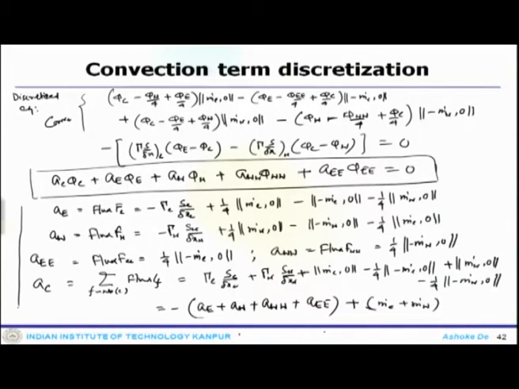If you look at the truncation error for this Fromm scheme, it would be of order delta x square, which also provides you a second order accurate system.